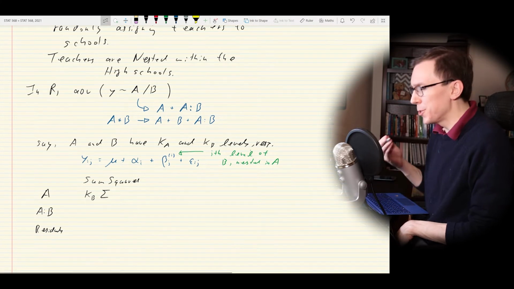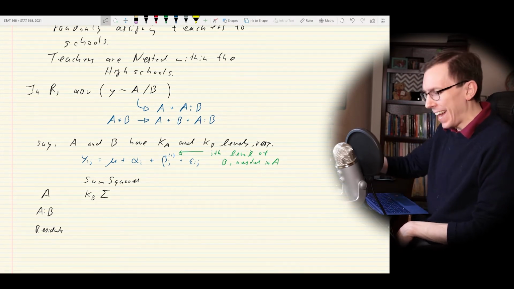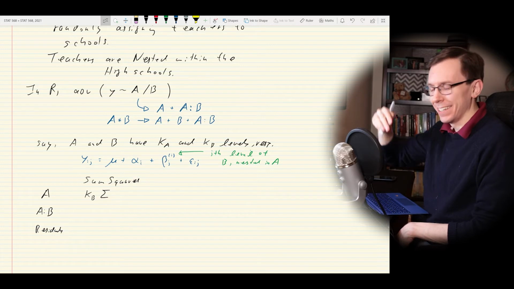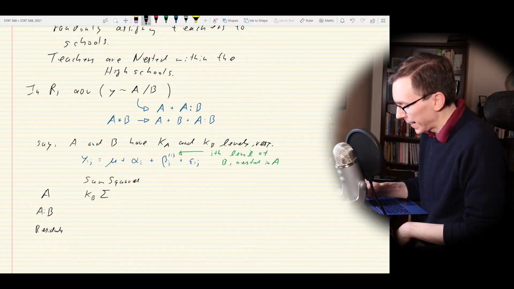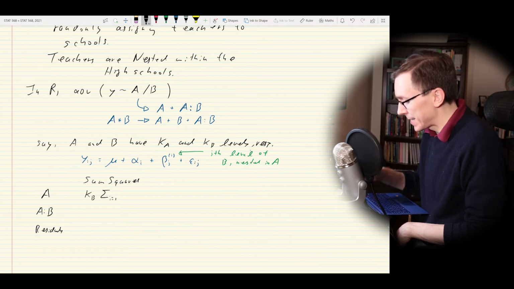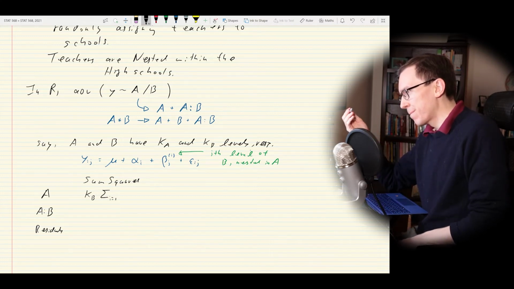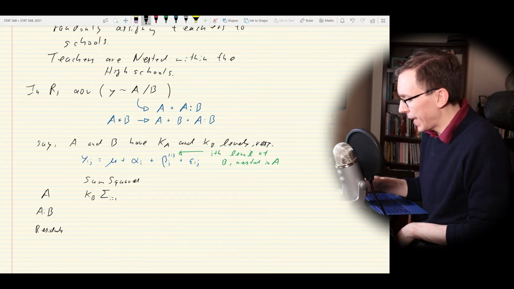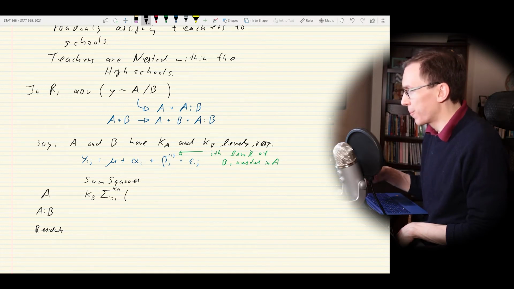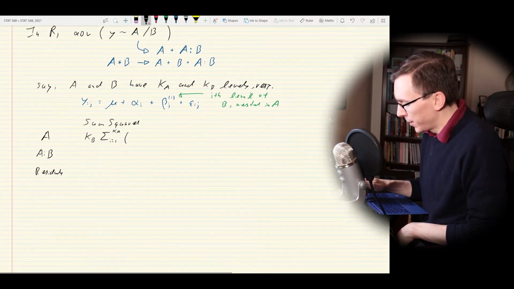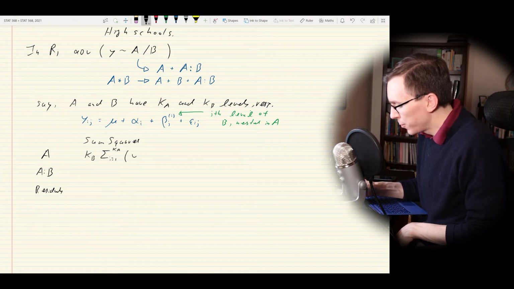It's really, what is B doing within A, some level i of A. Okay, so where are we? For the sum of squares, we're going to do the sum of squares for A like we did before, which is just the sum of i from 1 to Ka of y bar i dot minus y bar dot dot.